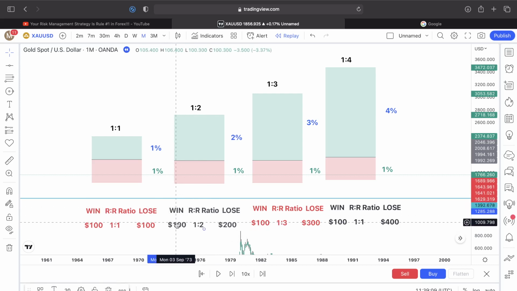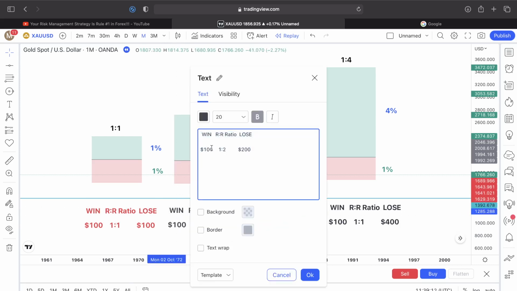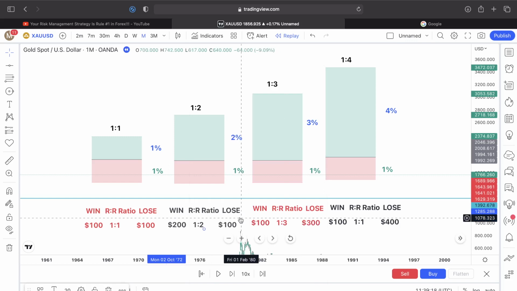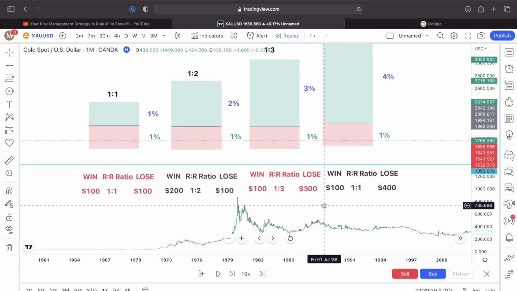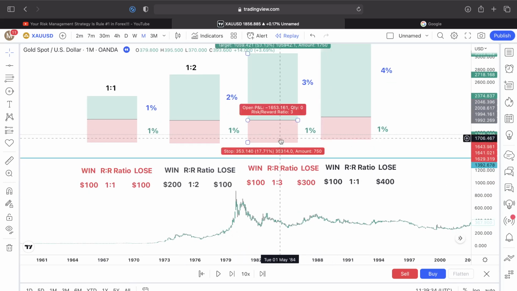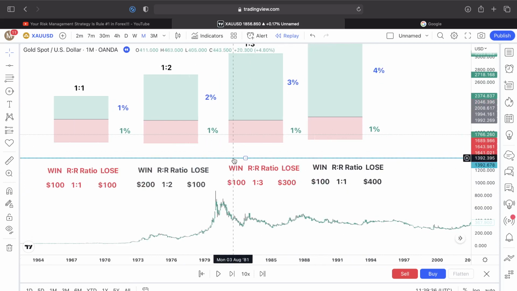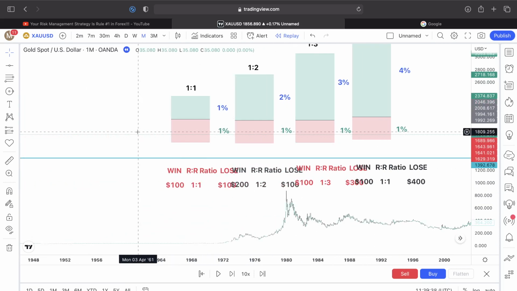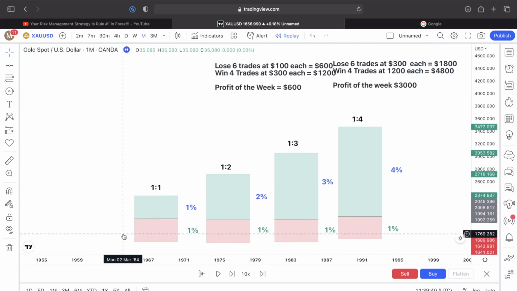Willing to win $200, and willing to lose one. That's just what it is. So you're willing to win $200, and then lose 200. I don't know why I made everything a little bit complicated. So basically, you are willing to win $300, 1-to-3, 1-to-4. Sorry for the confusion. I need to do a little bit better.